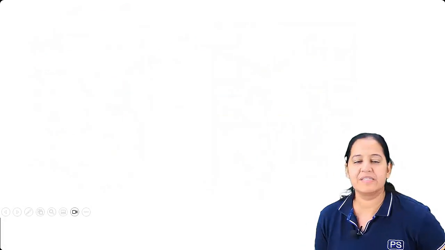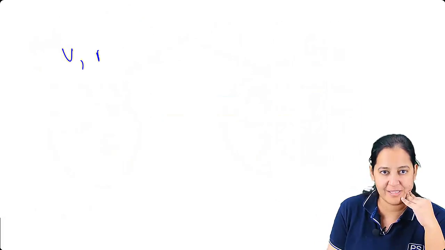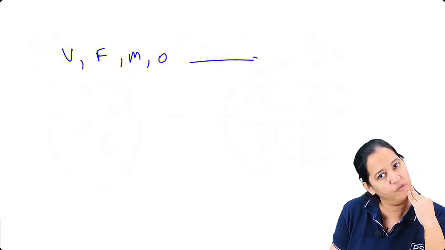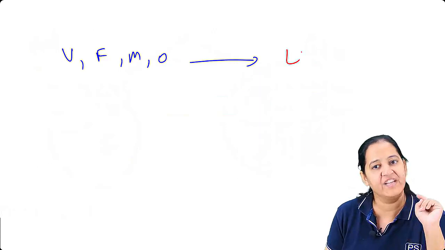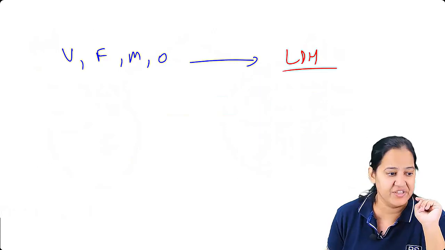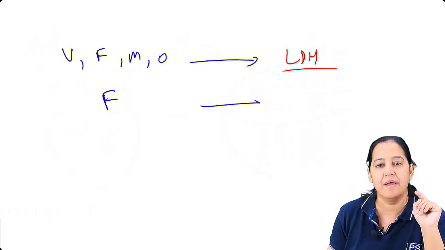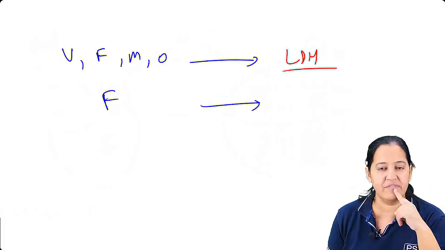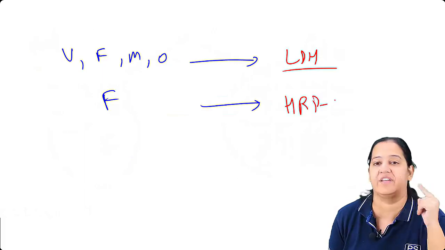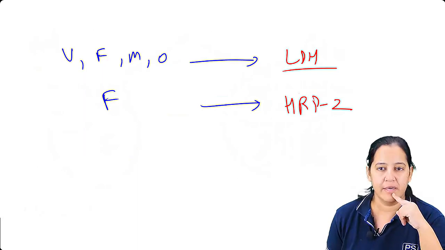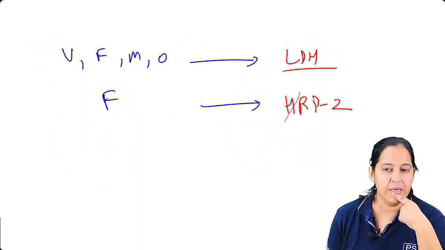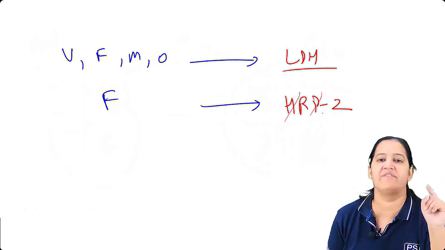So there is a principle that all 4, vivax, falciparum, malariae, and ovale, contain LDH enzyme, LDH antigen. LDH is present in all 4, but only falciparum contains an antigen known as HRP2 antigen. I will tell you the full form: histidine-rich protein, present only in falciparum, not in all.